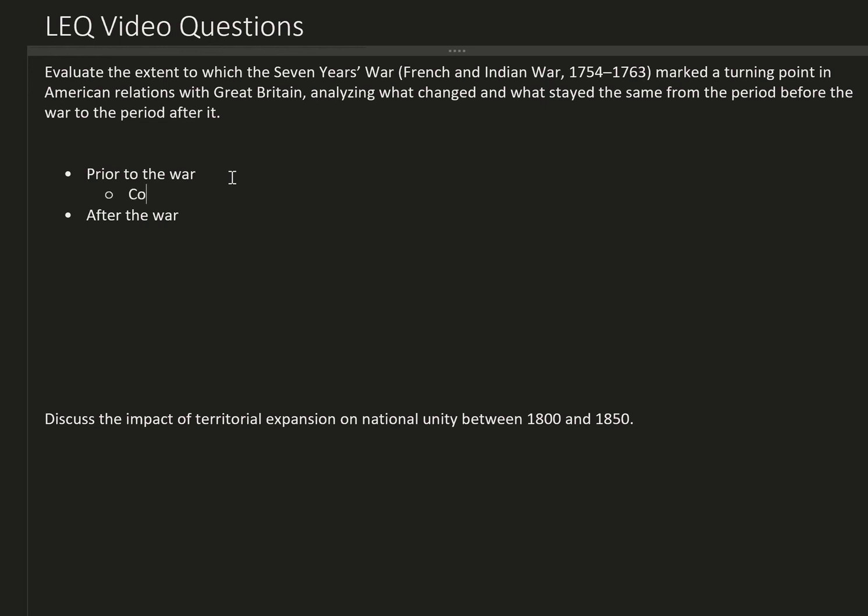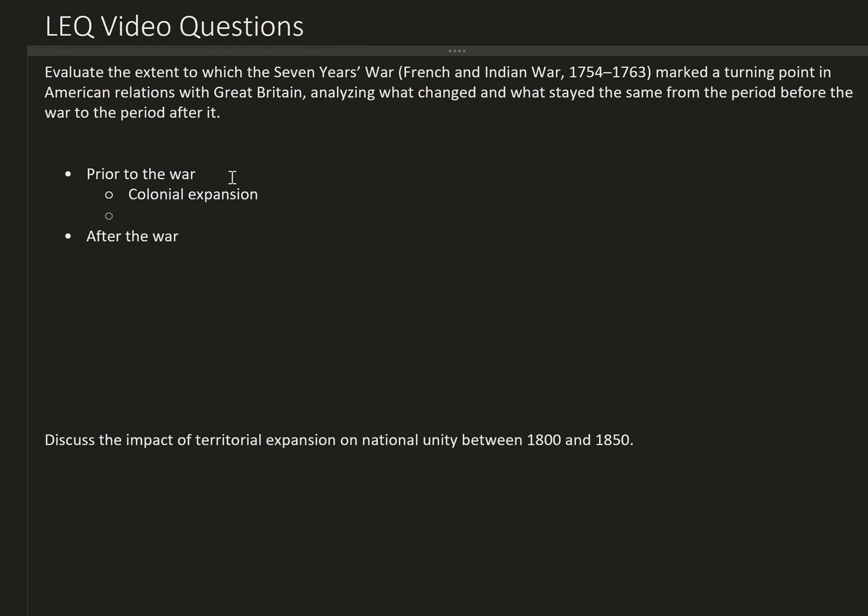We've got some colonial expansion, because the colonies are pushing westward a bit. We have conflict with Native Americans, and with this, you want to talk about some specifics there if you have them as well.